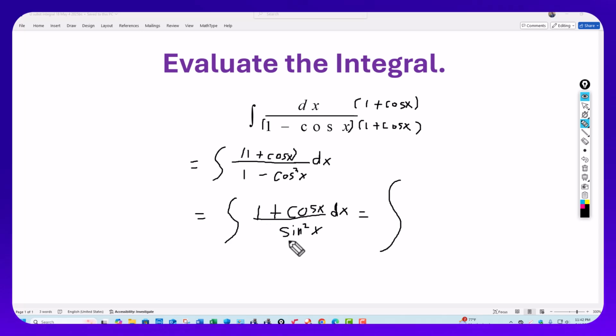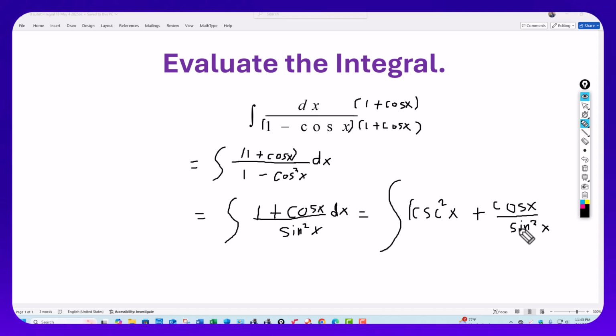So this would be 1 over sine squared of x. We know that sine and cosecant are reciprocals. So 1 over sine squared of x is the same thing as cosecant squared of x. And the next one then would be plus cosine of x over sine squared of x.